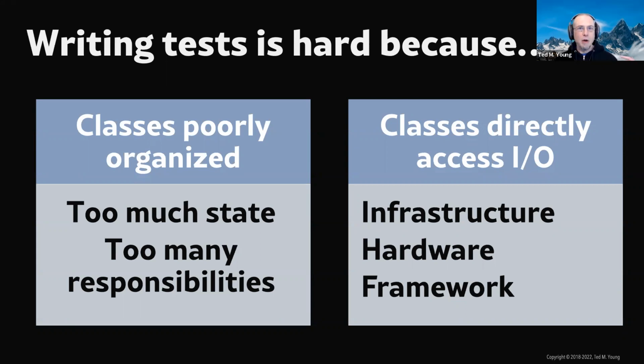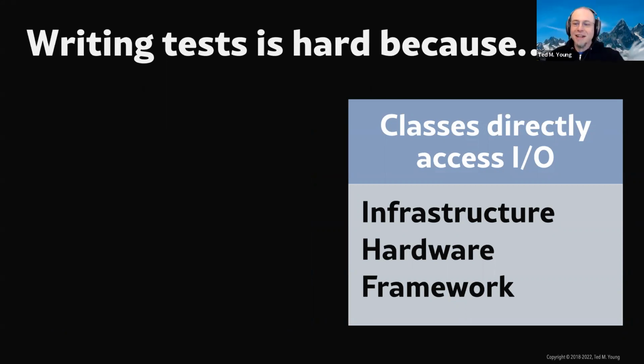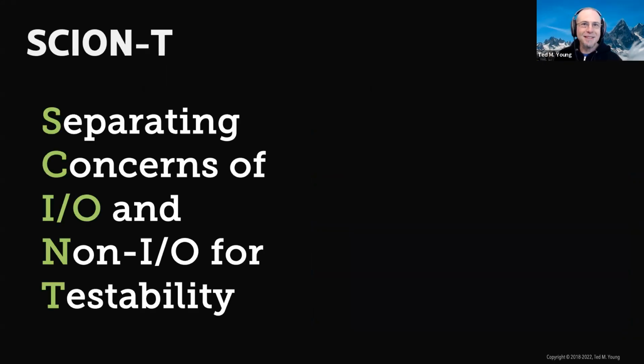So what I want is a way of thinking about architecture, a way of thinking about how I organize my code. I came up with an acronym, because you have to come up with an acronym these days in order to sell stuff, whether it's ideological or not. It's Scion-T.